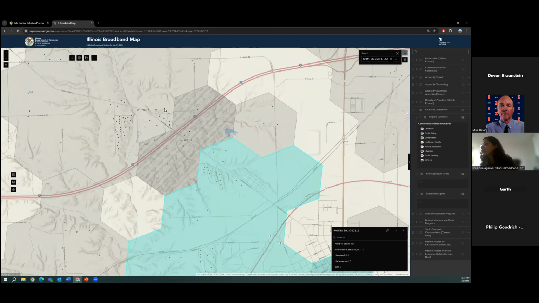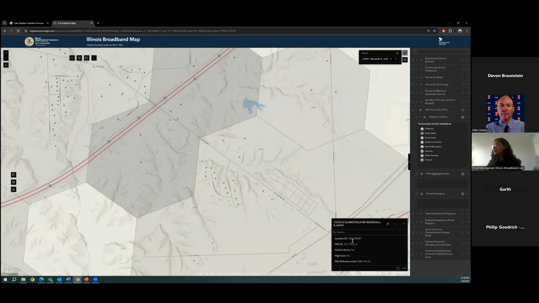So the green one, when you click on a location, you'll be able to see the address of the location, the location ID, the PAU ID that it falls in. So this is in the bigger one that was highlighted, ending in _0. It is again hard to serve, and then we have other information.